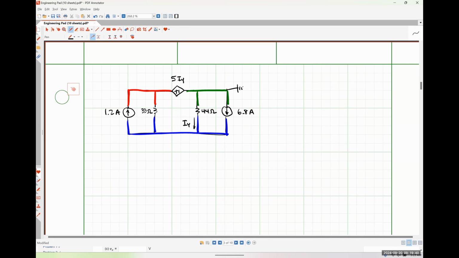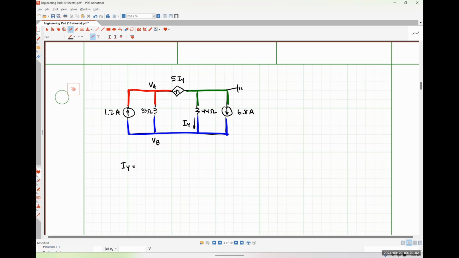So now we need to assign our nodal voltages. Let's just call the red node VA and the blue node VB. Now we need to express our controlling variables in terms of our nodal voltages. We only have a single controlling variable, IY.